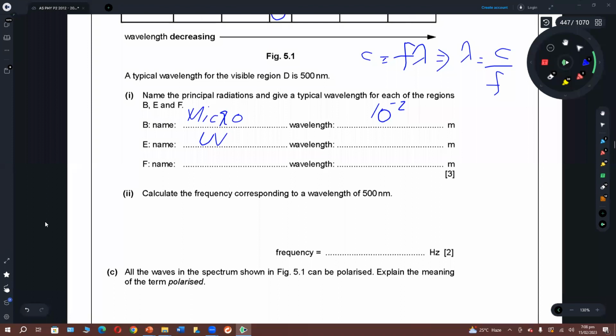Now, UV, you can select any number if you remember it. It was 10 to the minus 6. Minus 6 is actually bigger, so you have to make it shorter. You can select minus 7, that is even fine.